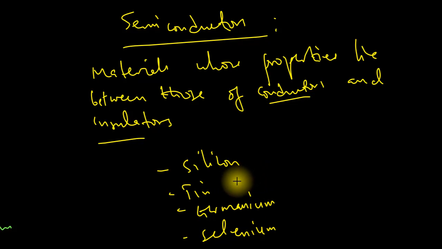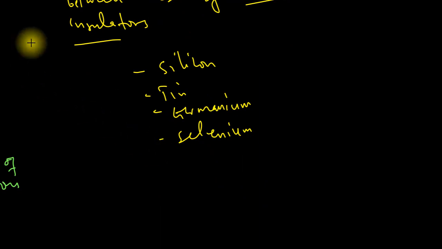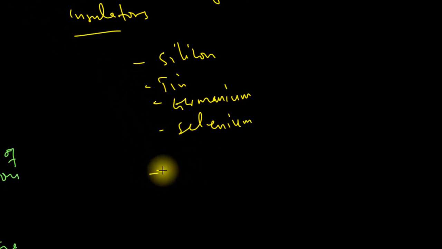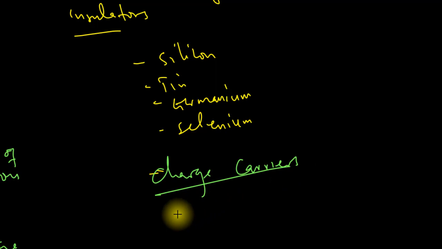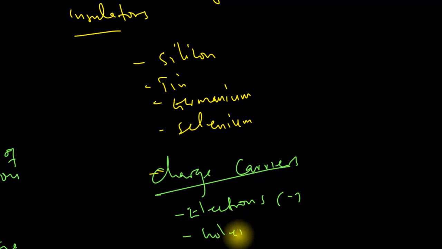The atomic theory behind the properties of semiconductors will not be discussed in this topic, but just to have a simple clue of how semiconductors work, semiconductors have two types of charge carriers. They have the electrons, which are the negative charges, as we have seen, but they also have the holes, which are the positive charge carriers, as we shall see.